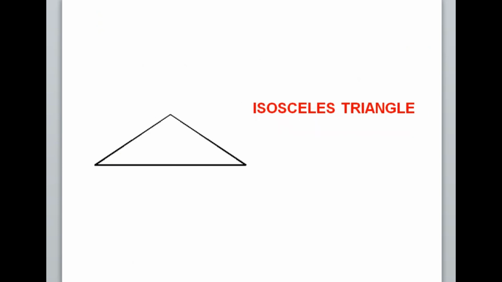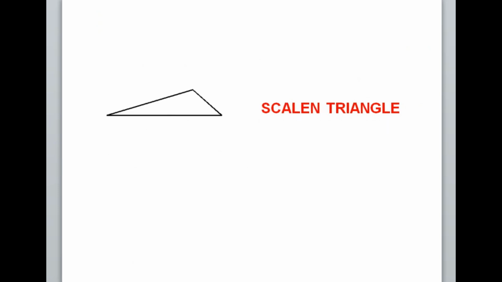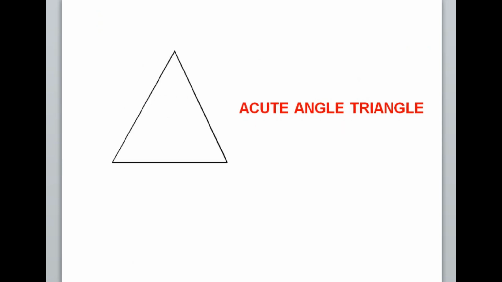Isosceles triangle. An isosceles triangle has two sides equal. When two sides are equal, its two angles are also equal. Scalene triangle. A scalene triangle has none of its sides equal. Similarly, none of its angles are equal. Acute angle triangle.